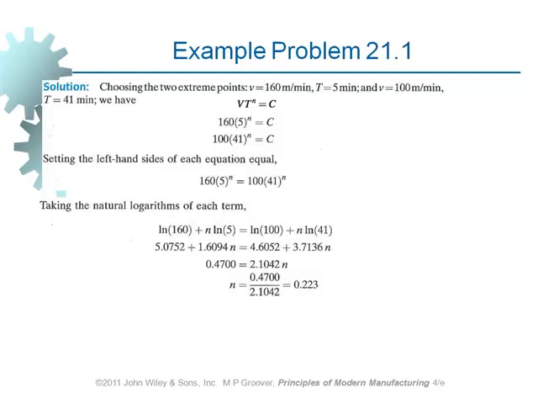Right? Or wrong? It is of course right, otherwise it wouldn't be there. If we recall how to take natural logarithms, then it's easy. If you take the natural logarithm of this, then it becomes natural logarithm of 160 plus n times natural logarithm of 5, which is this.